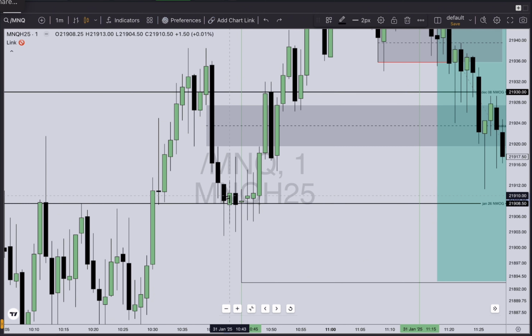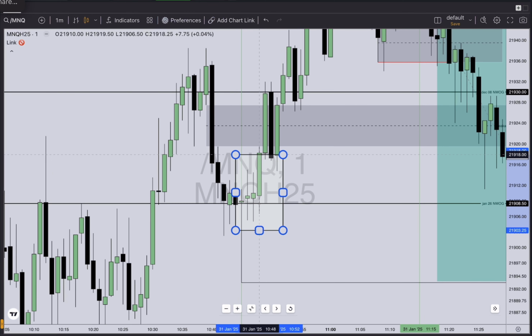If this was a black candle, if this was a down close candle, then this whole thing would be an order block because they are all down close candles. But since we have this one intruding, the order block cannot be these. It's this. So now we mark out the order block from the wick to the wick, the whole thing, including the body and the wick. And we extend that.